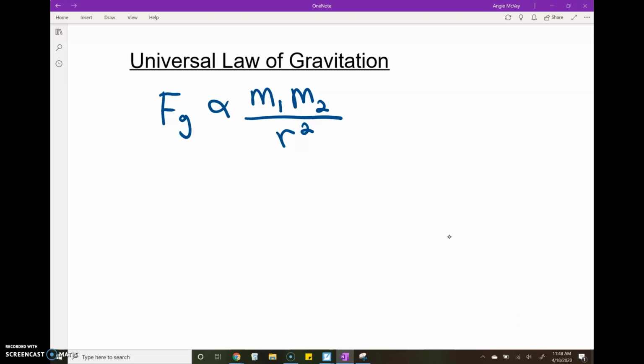Okay. This was something that he came up with observationally, and he proposed that gravity is a force that acts between any two masses. And this was, again, pretty revolutionary.